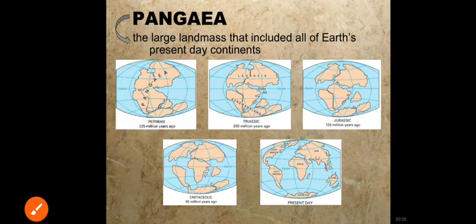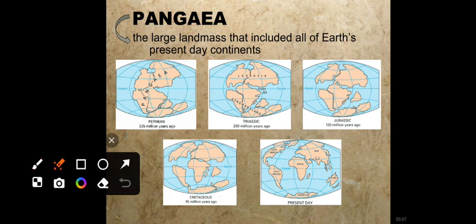Looking at the present day, these are the current land masses we have. Previously, I said they were all one like this, then they broke into two to form Laurasia and Gondwanaland.